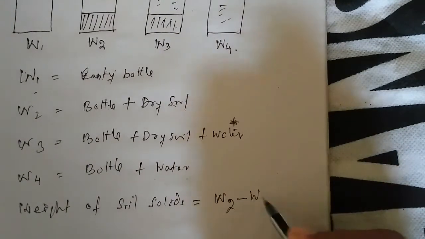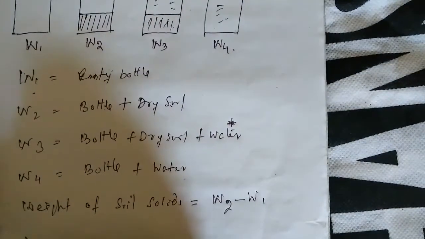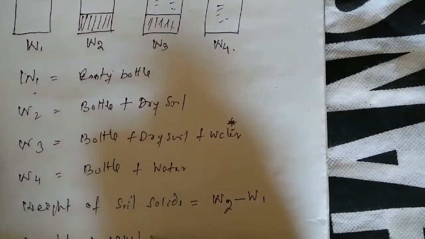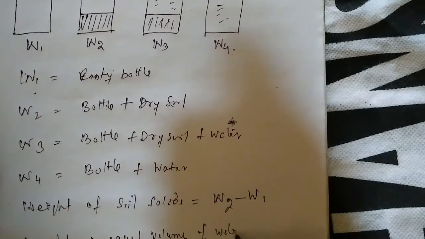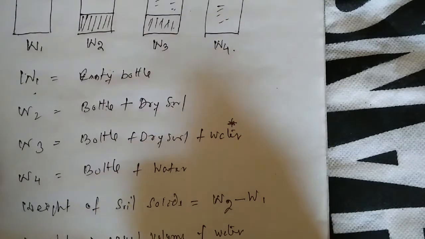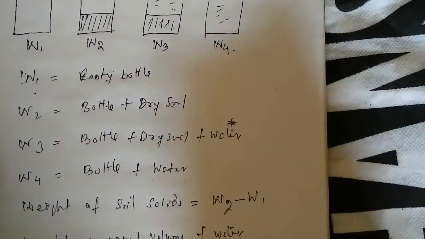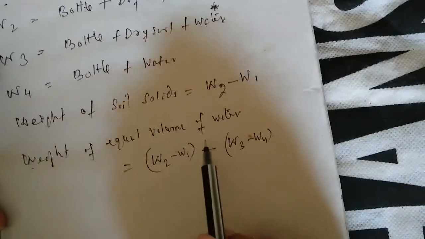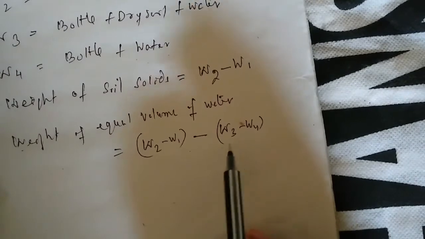Next, weight of equal volume of water will be W2 minus W1 minus (W3 minus W4). Weight of equal volume of water is W2 minus W1 minus (W3 minus W4).